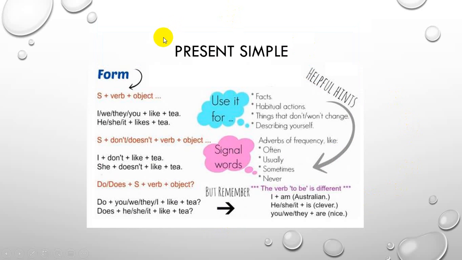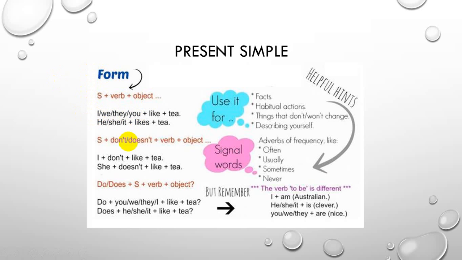And we continue with another topic that is present simple. In this part, we have a structure that is affirmative: subject, verb, and complement or object. For example, the subject is always I, we, they, you.